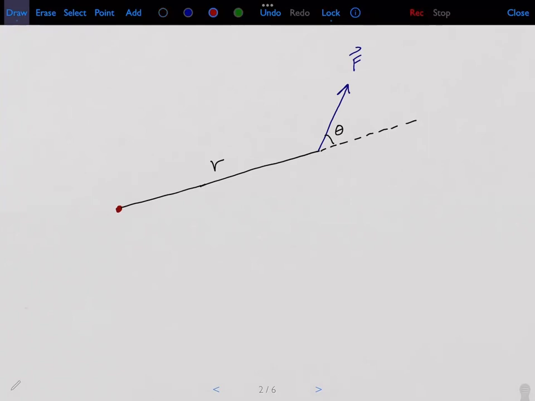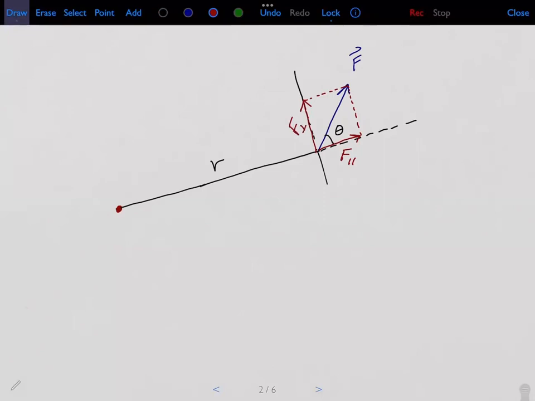I'm going to find the components of that force that are parallel to that radial line, which if I project onto that radial line like this, then this is going to be the parallel component. I'll call it F parallel. And then I'm going to also project it onto the direction that's perpendicular to that radial line. I'm going to call that F perpendicular.